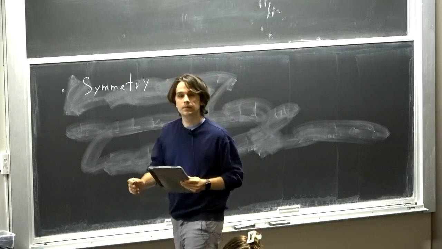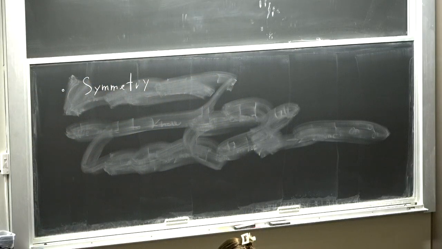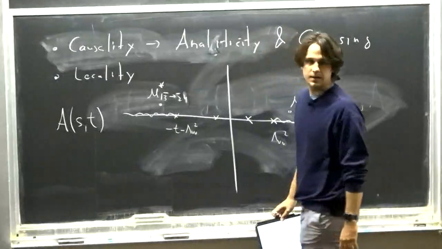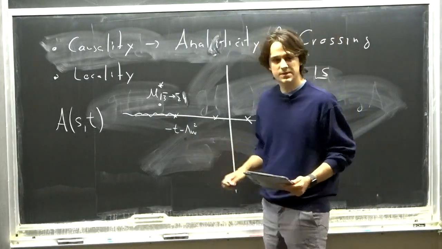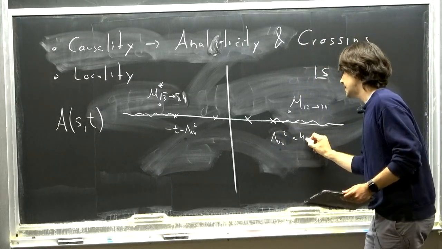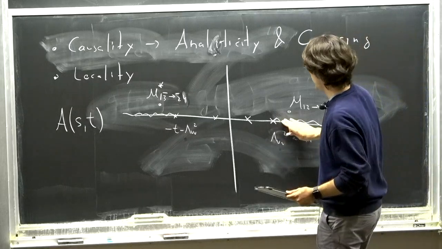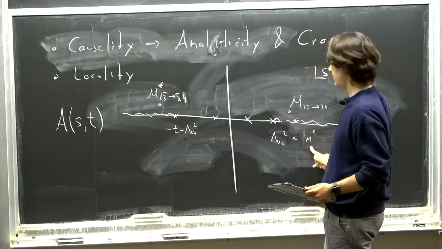Sorry, maybe you mentioned it, but why is one of the poles at minus t minus lambda UV squared and the other one is just lambda UV squared? Yeah, so the question is, why is one of the poles here and the other one at minus t minus lambda UV squared, right? So this thing here would be something like 4 times the mass of the first new particle. If it was a pole, then it would be just the mass of the first new particle, right?